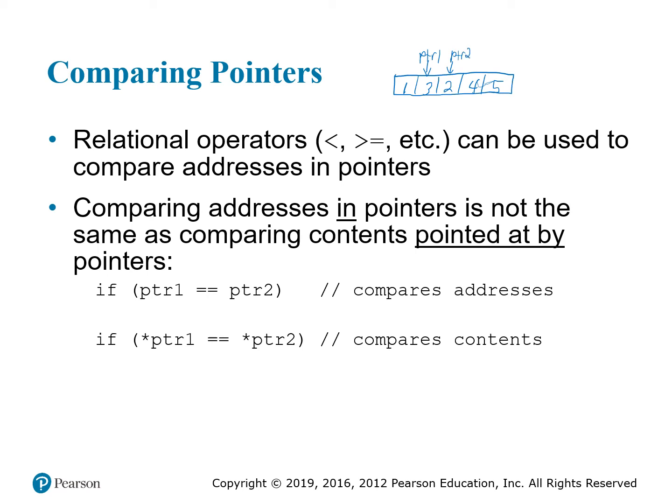Okay, the memory addresses are like 0001, 0005, 0009, because we go 4 units for each integer.